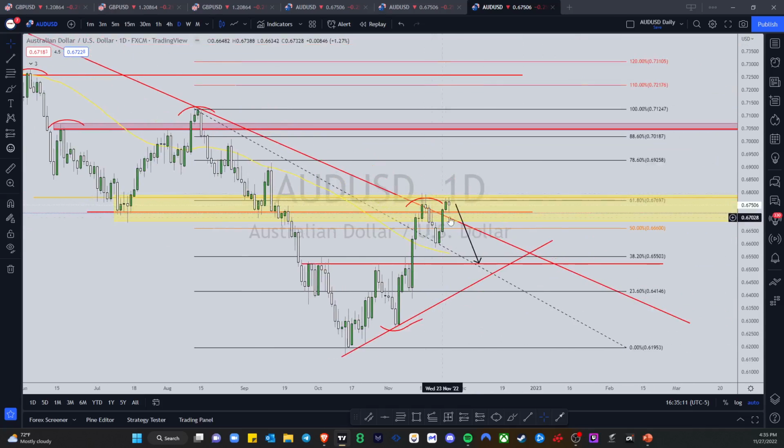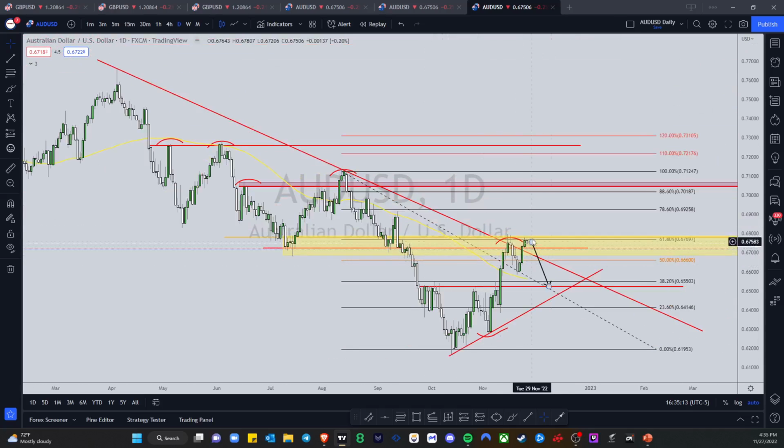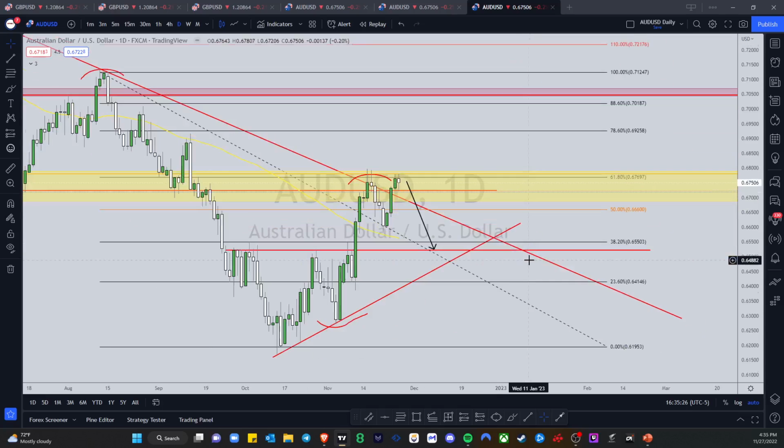So this is what we're looking for on daily right now. This is a bearish trend on daily. It did the first test on the trend line, and now is the second one. So we're just waiting to see how the next candle is gonna close, right?